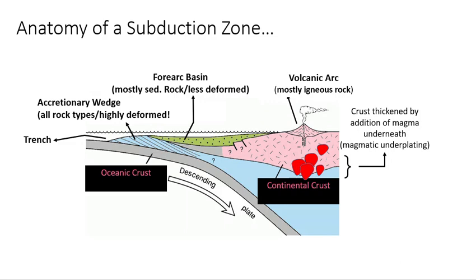Eventually, what can happen is the forearc basin completely fills up, and in the later stages it's possible to get the deposition of non-marine sedimentary rock in the forearc basin. And the take-home message, though, is that in contrast to the accretionary wedge, which is all rock types, it's geologic gobbledygook, it can be anything, and the volcanic arc, which is mostly igneous rock, the forearc basin is mostly characterized by nicely layered, relatively undeformed sedimentary rocks.